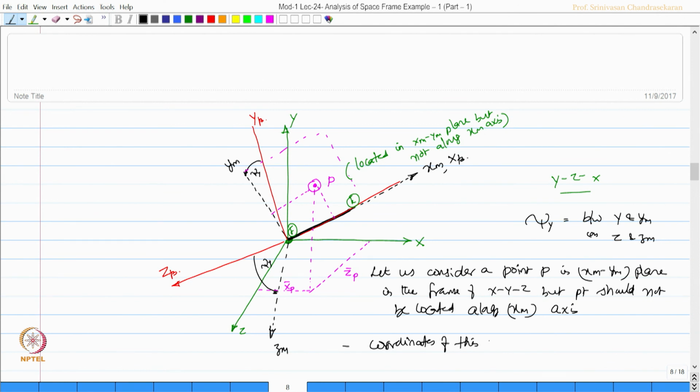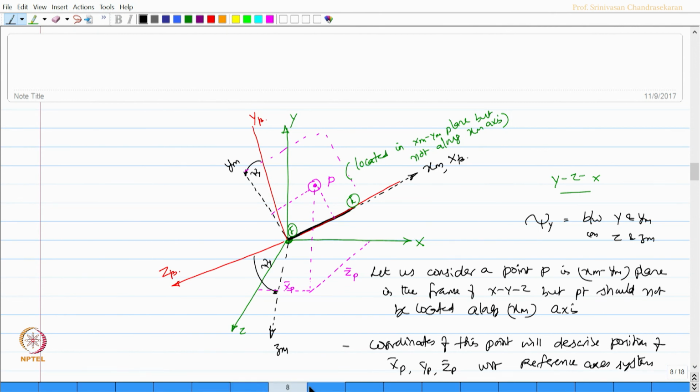Coordinates of this point will actually describe position of xp, yp and zp with respect to the reference axis system. Let us do this.